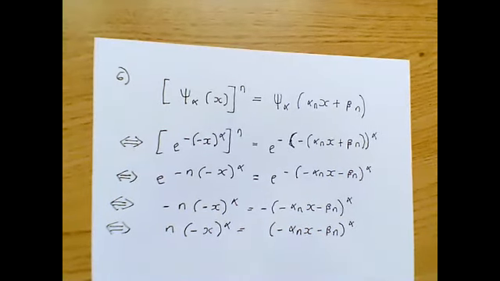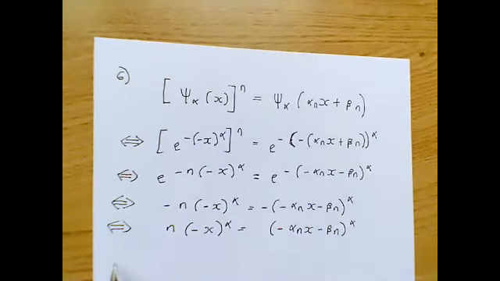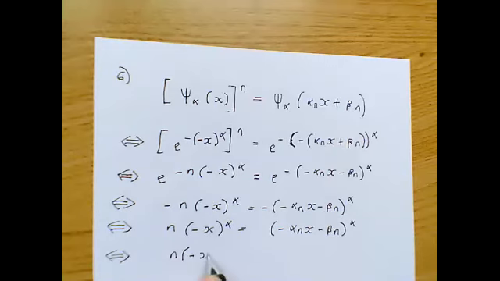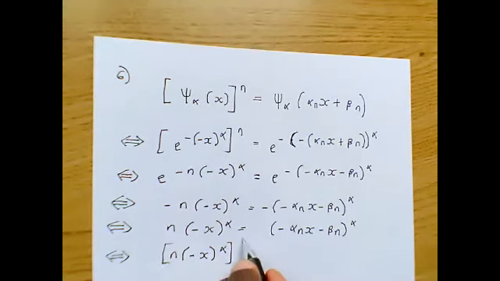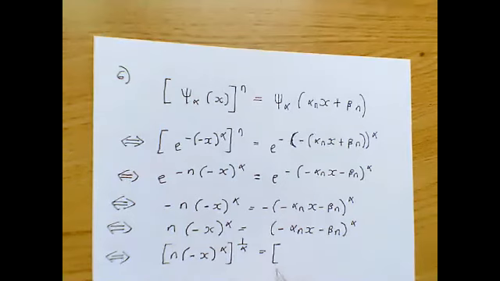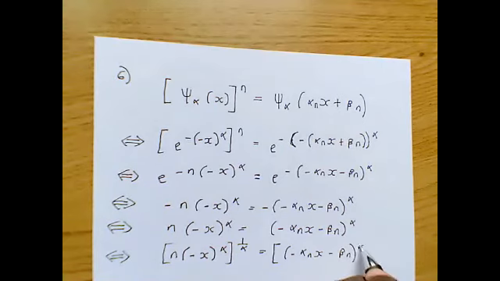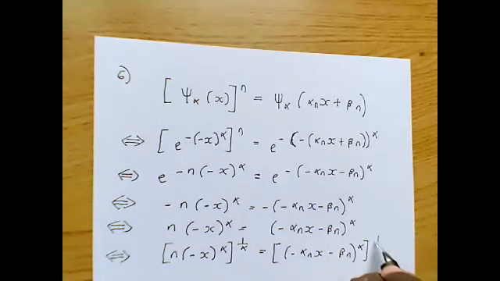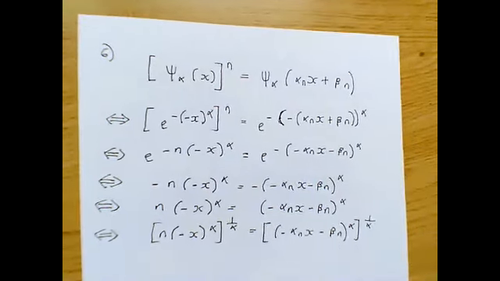Now the next thing I'm going to do is take the power 1 over alpha on the left and power 1 over alpha on the right. Okay, you see what I'm doing?